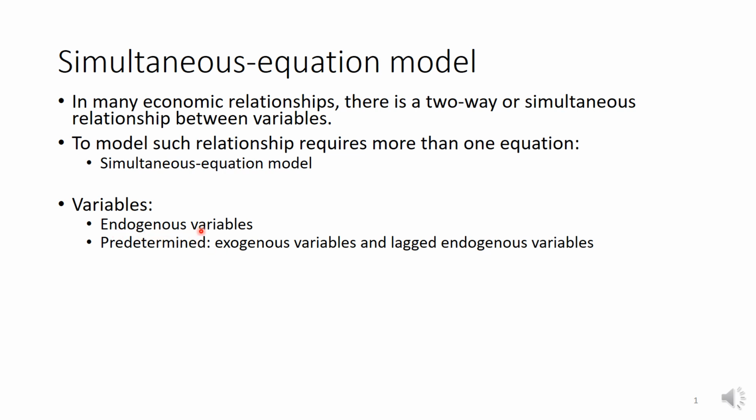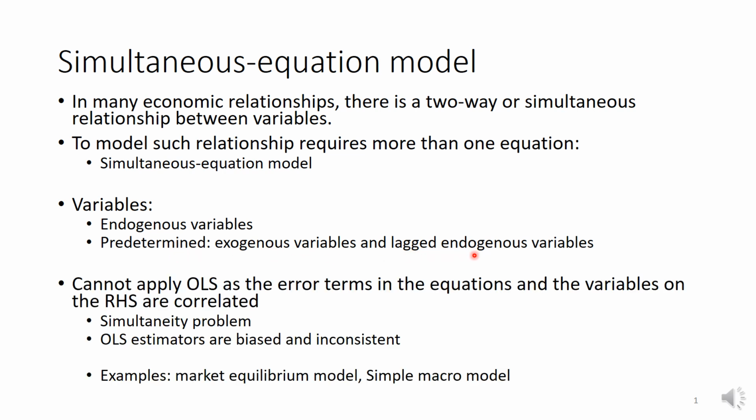Endogenous variables are variables of which the values are determined within the model, within the system itself. Exogenous variables are variables whose values are determined outside of the model, so they are predetermined. What about lagged endogenous variables? Because it is a lag value, it means it has already been predetermined before that time period. So predetermined variables consist of exogenous variables as well as lagged endogenous variables.